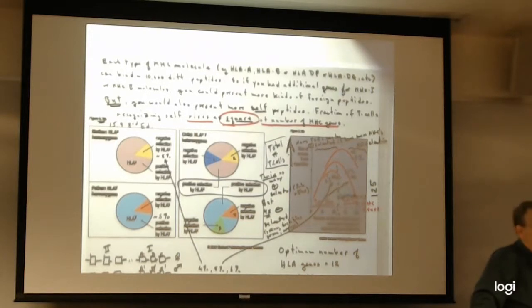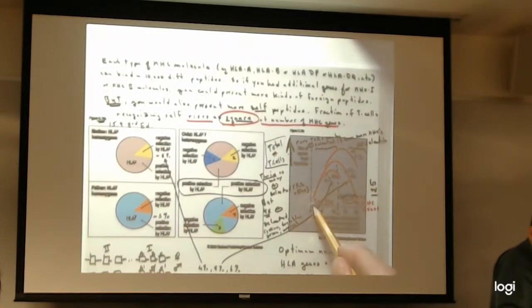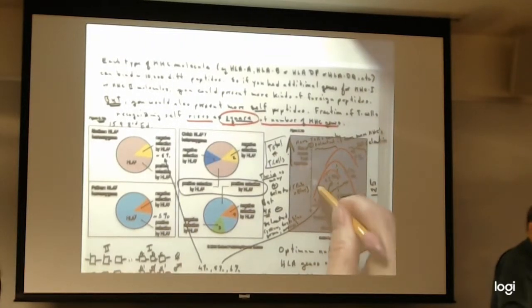And the argument that's made here, the reason that doesn't happen, is because then you start getting too much autoreactivity. If you can bind not just 60,000 but 120,000 peptides, it's going to be more and more challenging to make sure that you're not recognizing the self-peptides among them. So if you have too few MHC genes, you don't make enough functional T cells.